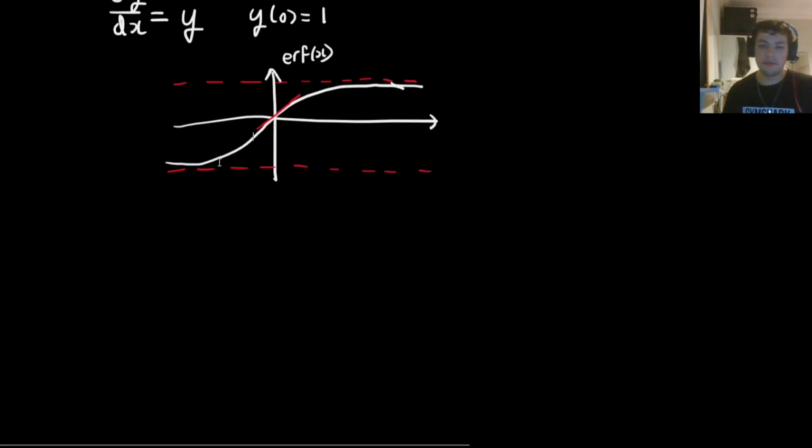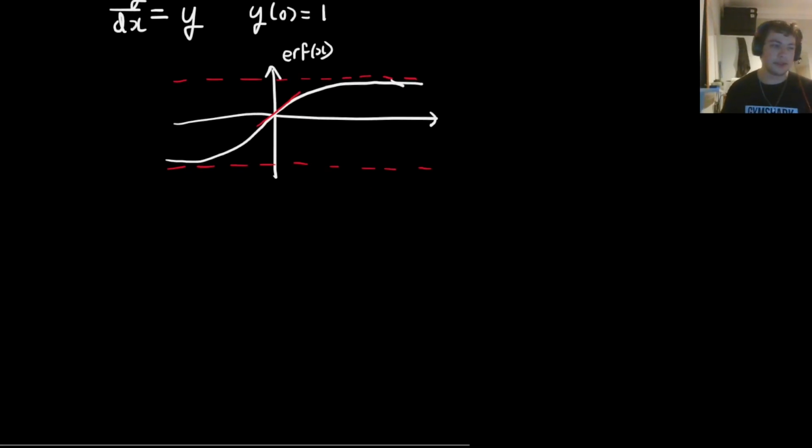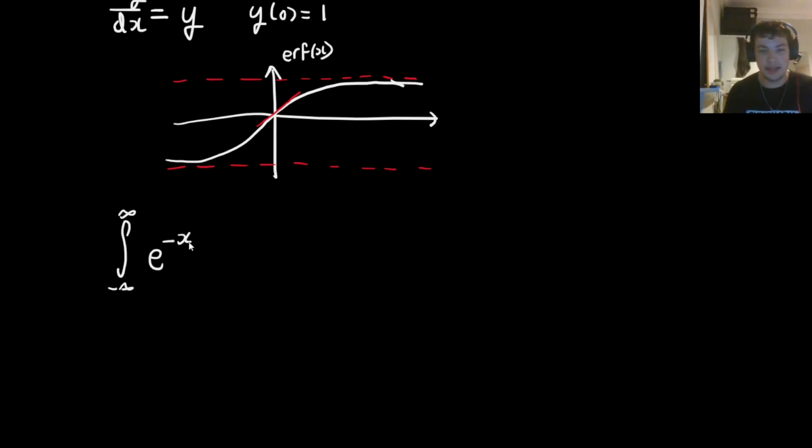But we don't care about the error function because we're not going to be doing bounded integrals. We're going to be taking the integral from negative infinity to infinity of e to the negative x squared dx, because this is something we can do.